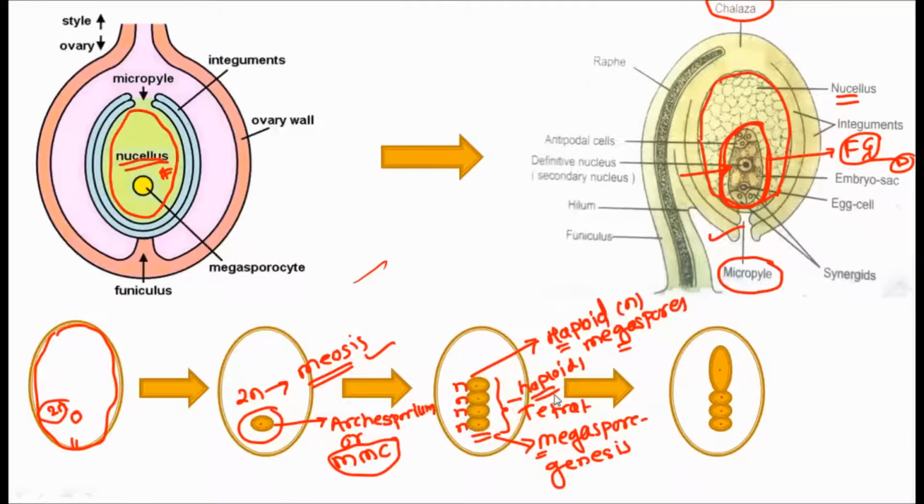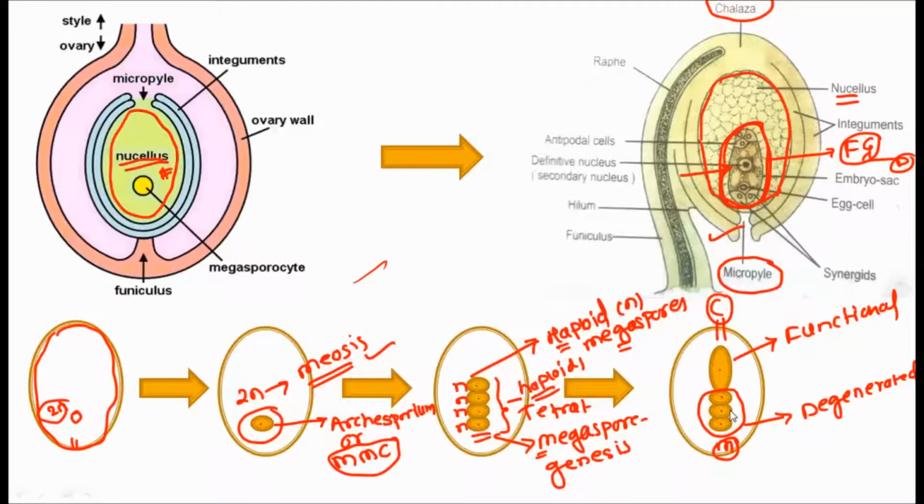Now, generally what happens? The megaspore which is present at the chalazal end remains functional, while the 3 which are present at the micropylar end degenerate, and only the one which is present at the chalazal end is functional.